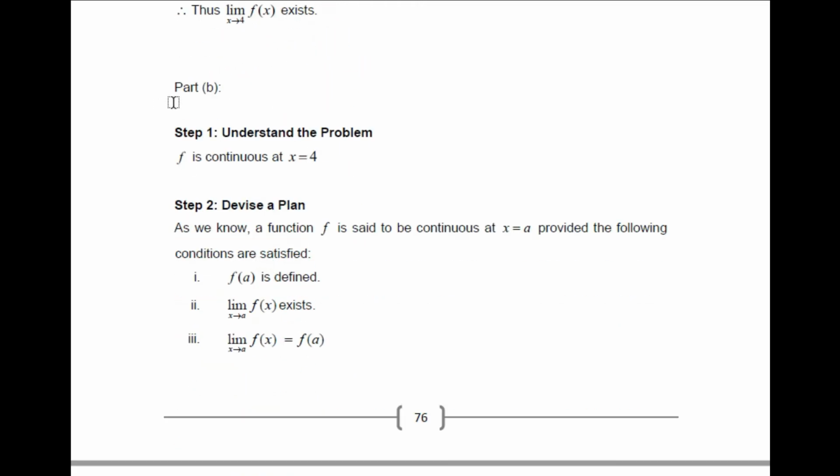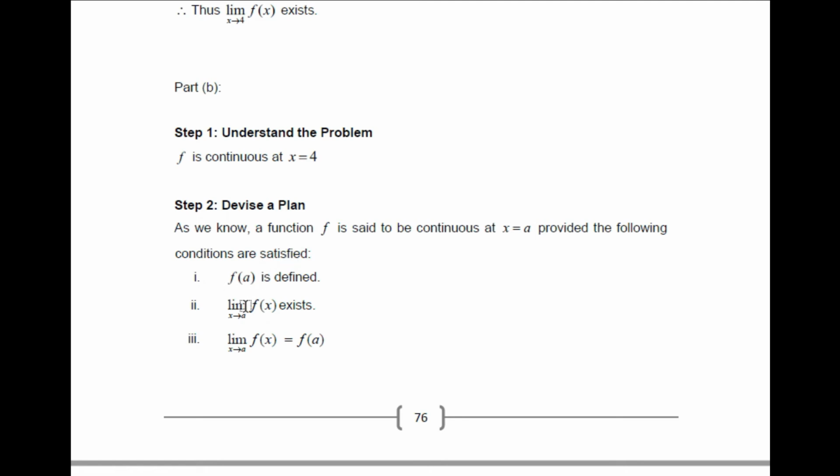So we move to part B. For part B, step 1 is understand the problem, where the question mentions that f is continuous at x equal to 4. For step 2, we devise a plan. As we know, a function f is said to be continuous at x equal to a, provided the following conditions are satisfied.